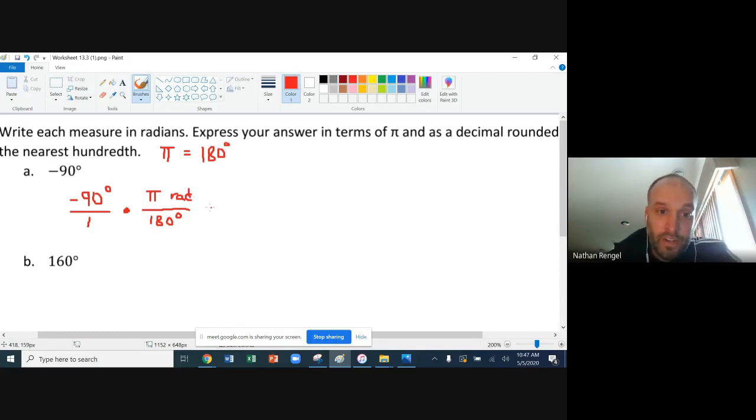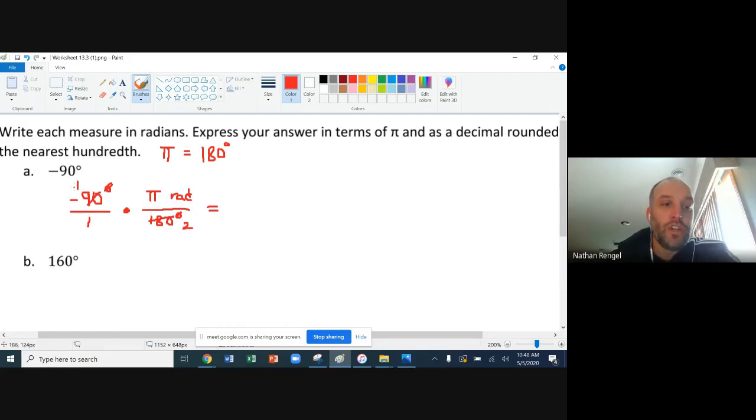Now we multiply our fractions. So multiplying fractions, you can look for common factors. So first, our labels will factor. So those degrees will cancel. But also 90 and 180 have a 90 in common. So that becomes a 1. This becomes a 2, because 180 divided by 90 is going to be 2.